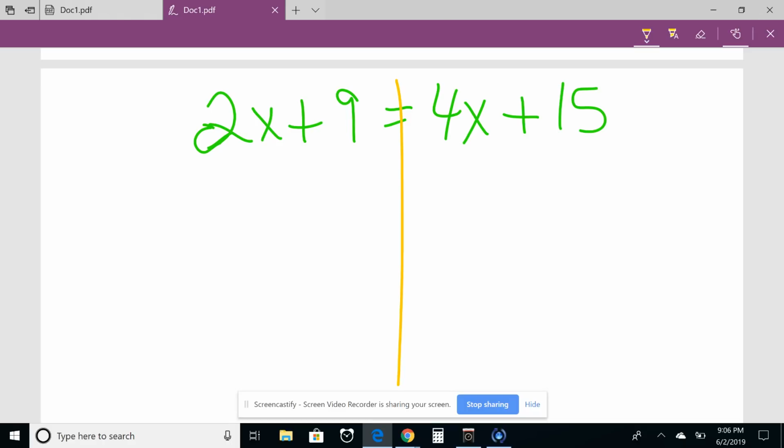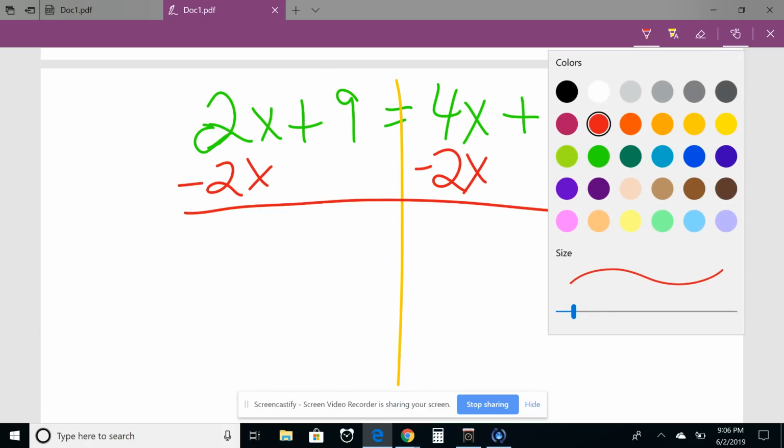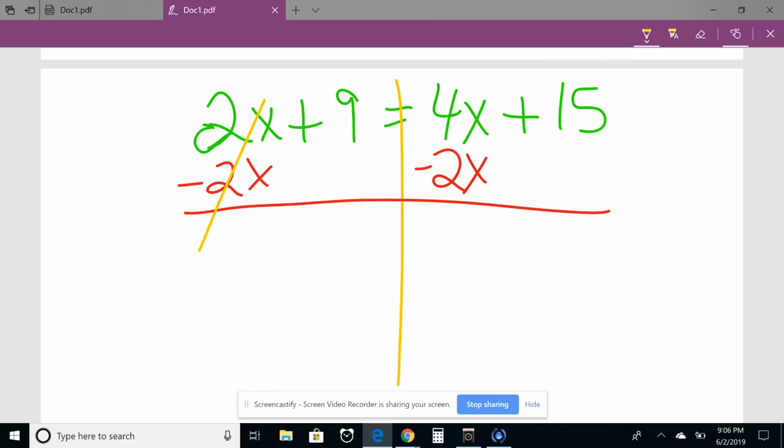Now, when this is the case, I always try to focus on bringing the variables over to one side first before bringing the constants to the other side. So in this case, what I would do is minus 2x, the smaller term with the variable, from both sides. That way these guys cancel out.